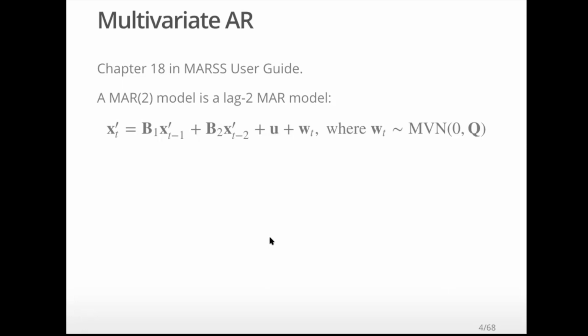So how do we fit this? Well, a common way that people will fit this type of model, and in fact lag P models in general, is to rewrite it as a MARSS 1 model. So the kind of model you've been working with all through the course, a multivariate autoregressive state-space lag 1 model.